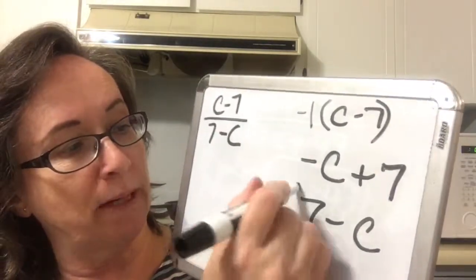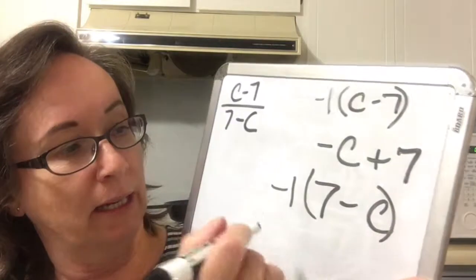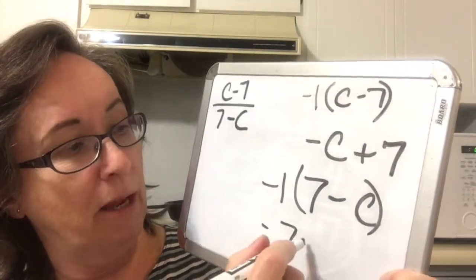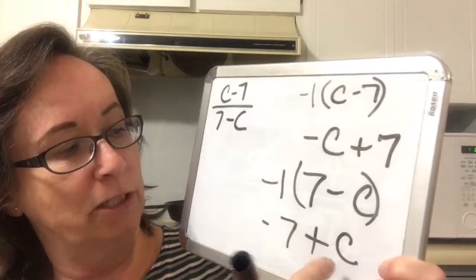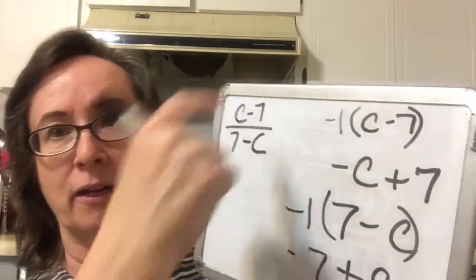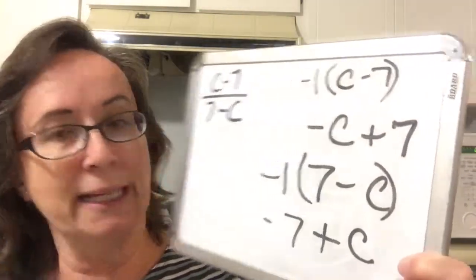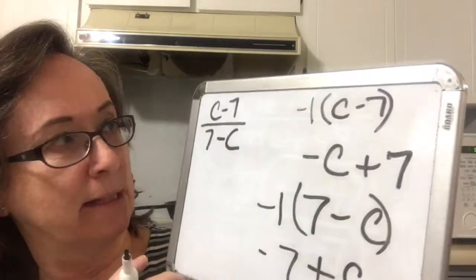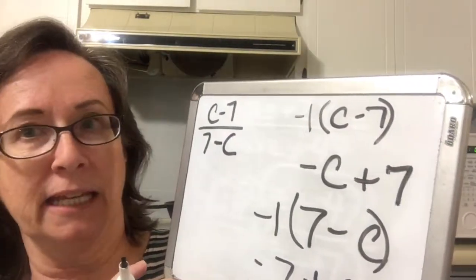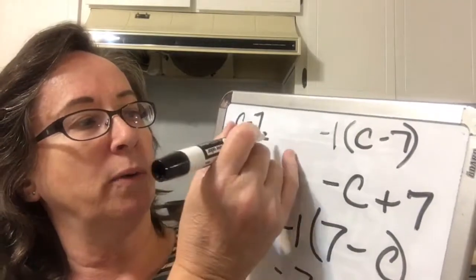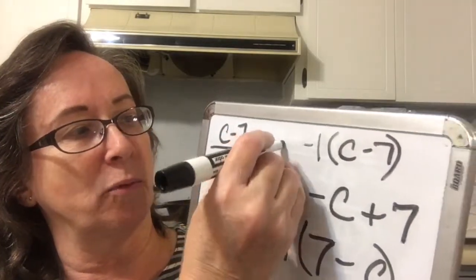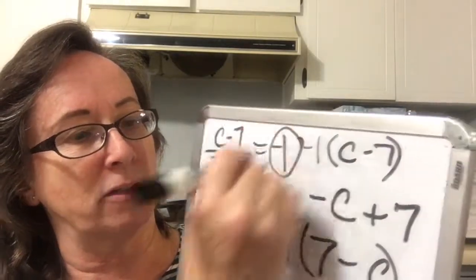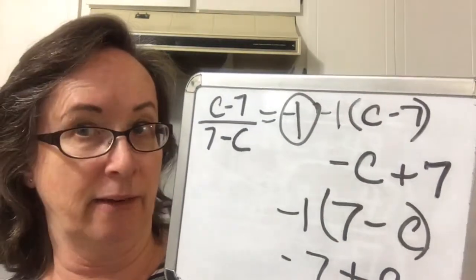If I multiply this one by negative 1, then lo and behold, I get negative 7 plus c, which is c minus 7, and I go back to that one. So anytime we have two of these, they're negatives of each other, we will just reduce them with a negative 1. So the answer to that one is negative 1. They reduce completely.